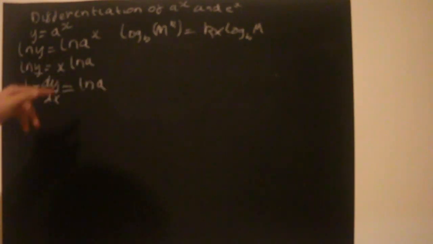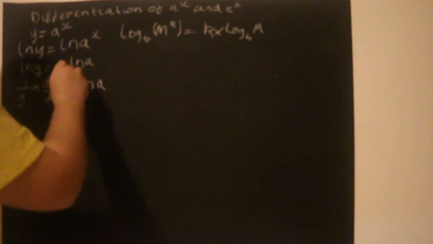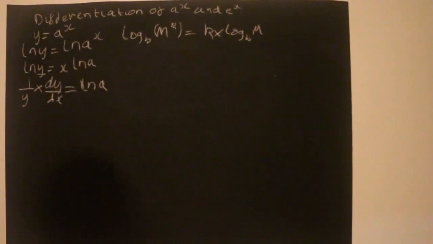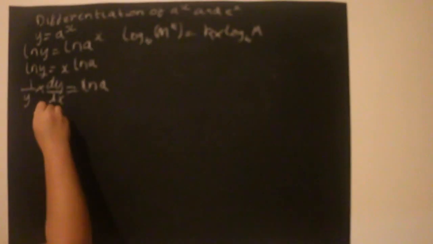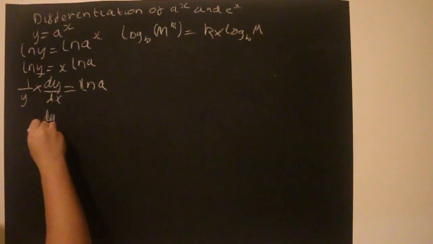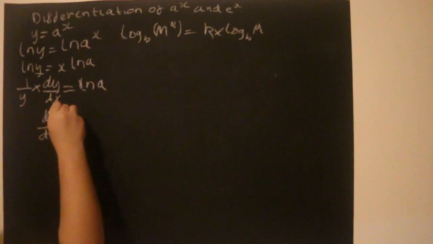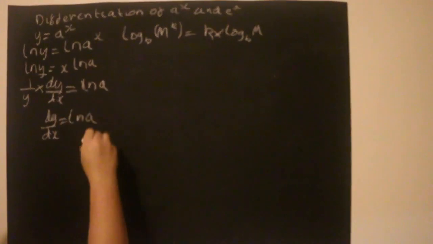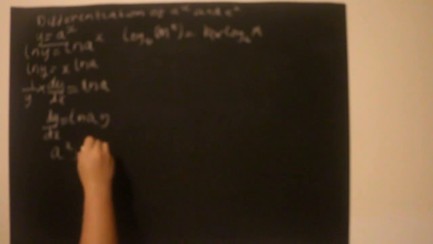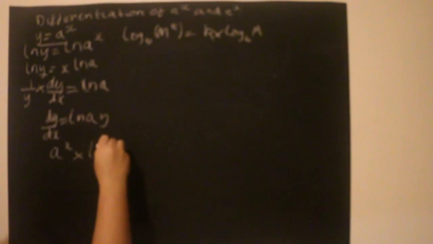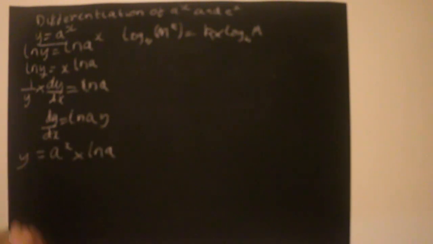The derivative of x is just 1, so we leave that as ln a. So then, if we multiply these, we have dy dx is equal to ln a multiplied by y, and y is equal to a power x. So that leaves you with a power x times ln of a.